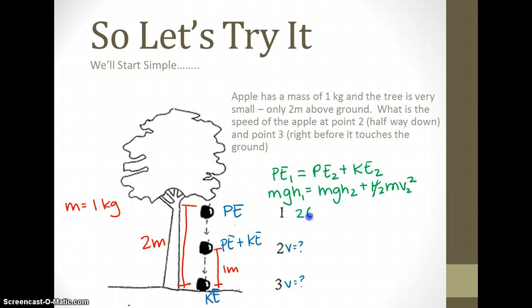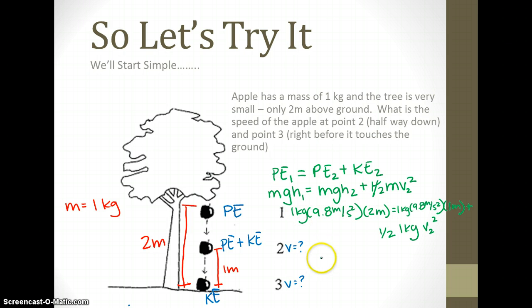So I'd plug in here, sorry, this should have been simply 1 kilogram times 2 meters is going to equal 1 kilogram times 9.8 meters per second squared times height 2, which would just be 1 meter, plus 1/2 1 kilogram times V2 squared.